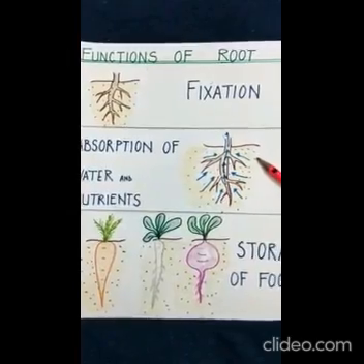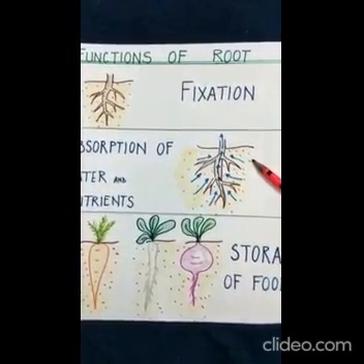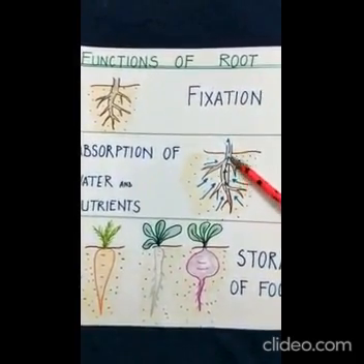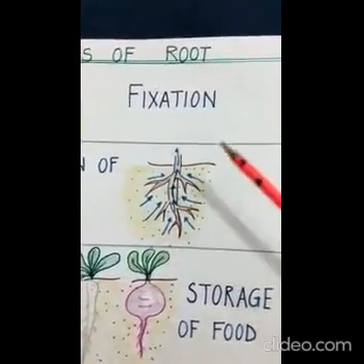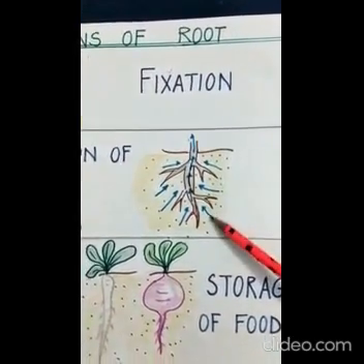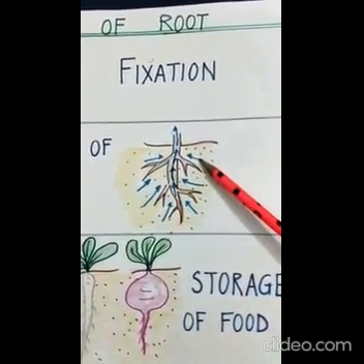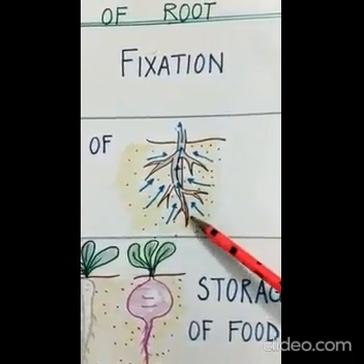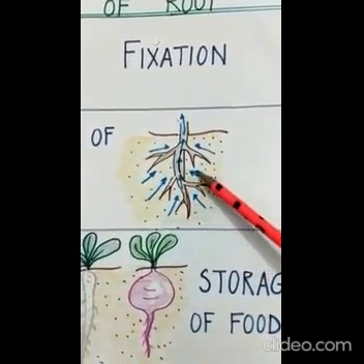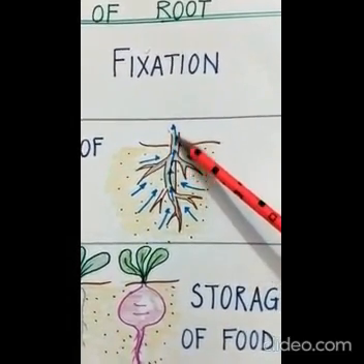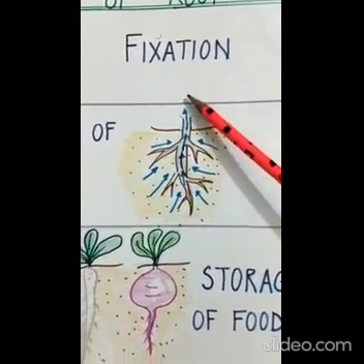And these are the roots that absorb water and nutrients from the soil and pass them to the plant. You can see these blue arrows. These are the signs of water, and roots absorb water and nutrients and pass this water and nutrients to the plant.